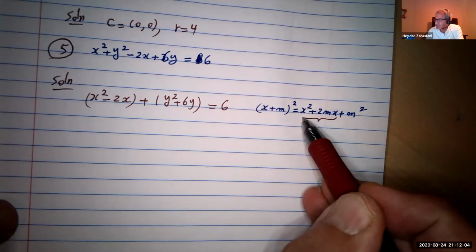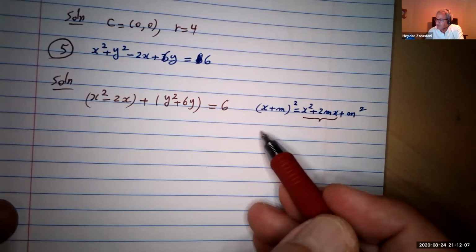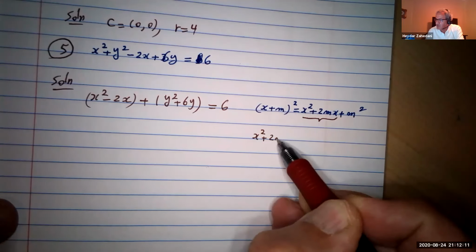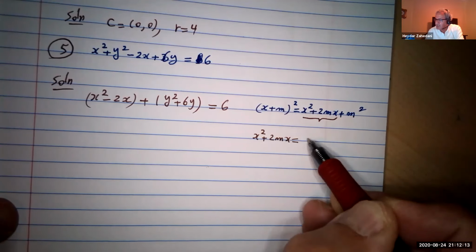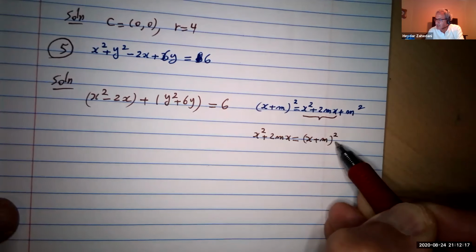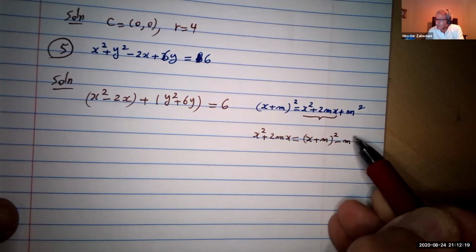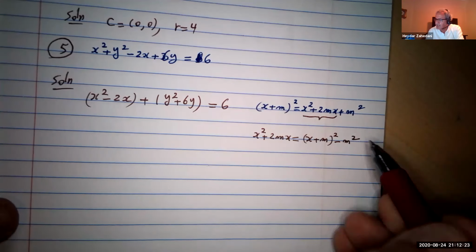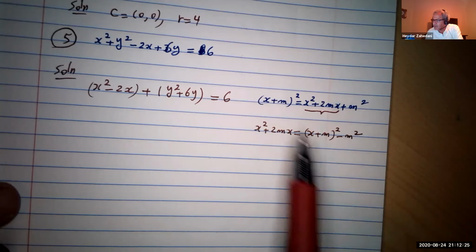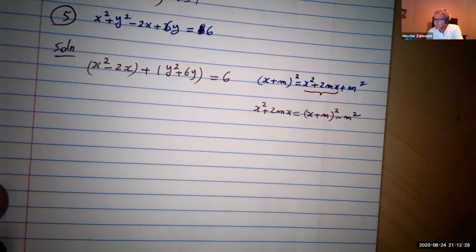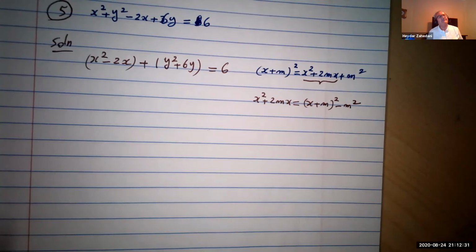If you solve for this part, the result would be x squared plus 2mx is equal to x plus m all squared minus m squared. That is going to be the case that we have.